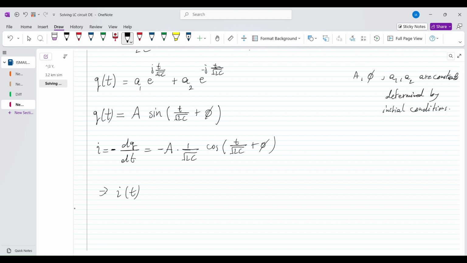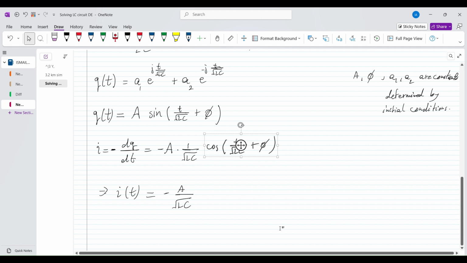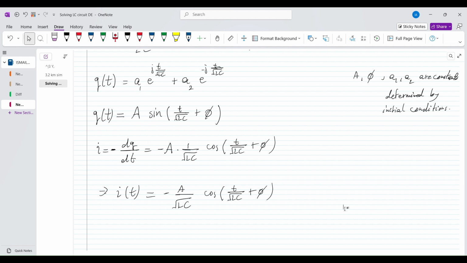So I is a function of t, of course, and it is equal to this thing. So this is my I.